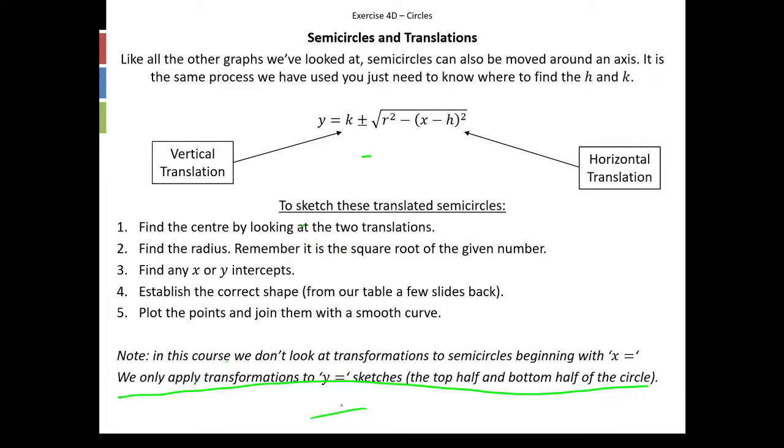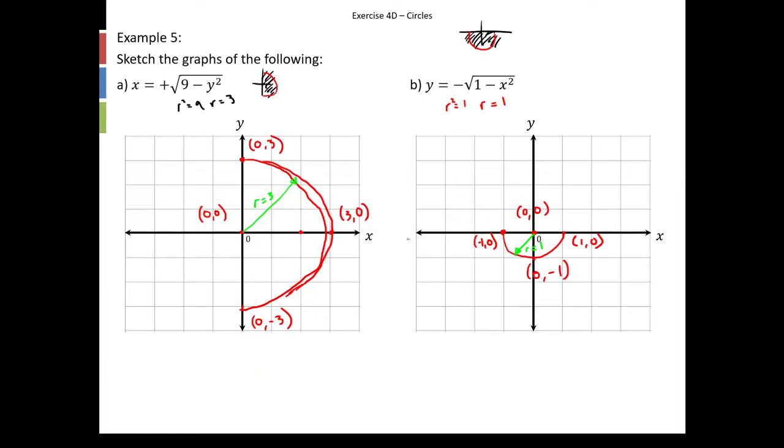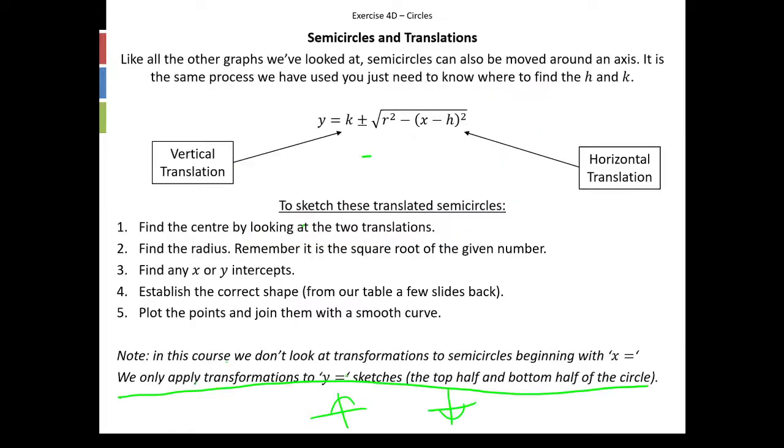So we only deal with a top half or the bottom half translation. We can do the left and right without translation when it's an X equals, but for Y equals, if we're going to include translation, it's just top and bottom.